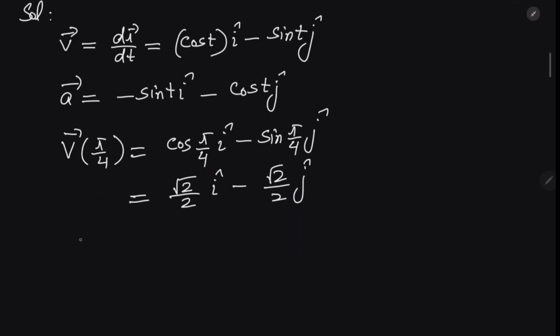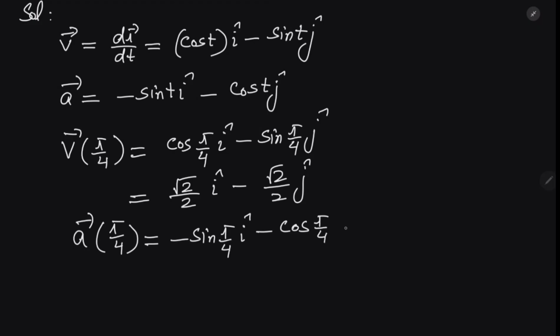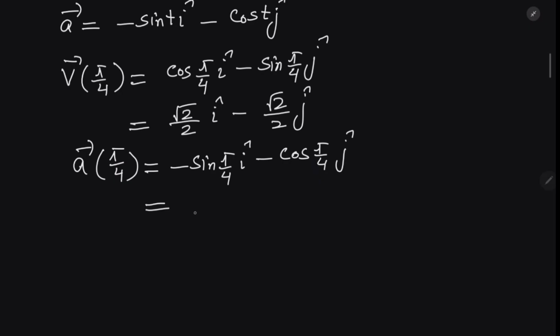Similarly, we find the acceleration at pi by 4. Acceleration at pi by 4 is minus sine pi by 4 i minus cos pi by 4 j, and this is minus root 2 by 2 i minus root 2 by 2 j. You can check it from the calculator.